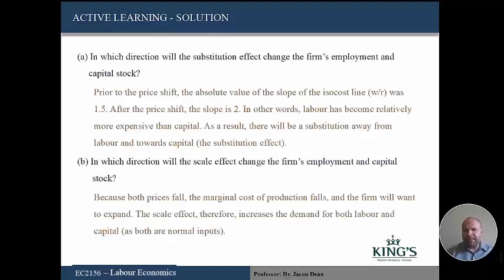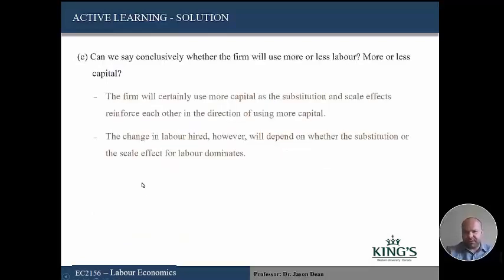Costs are cheaper, and so in terms of the scale effect, the firm's going to want to produce more, and to produce more it's going to need more of these inputs, and so the quantity demanded for both labor and capital would increase. Okay, so in A labor would fall, in B labor would increase, and in both capital is increasing. And so that leads into the answer for C.